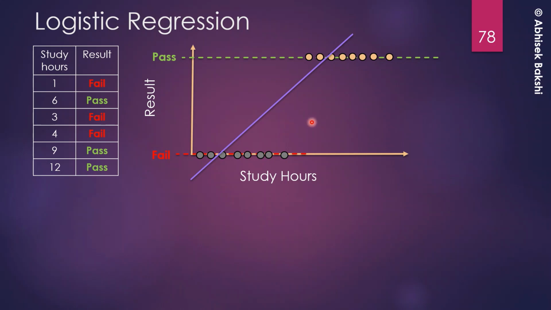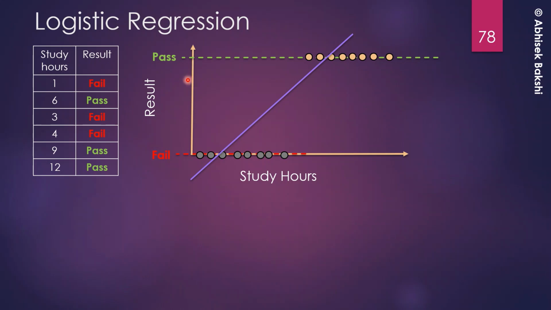So in future, how can we utilize this line? Say for example, I have 7.8 study hours. What result will happen for 7.8 hours? For study hours 7.8, I will project that particular dot presented at 7.8 hours onto this line, and then the same point projected on this line can be projected towards the y-axis as well, right?